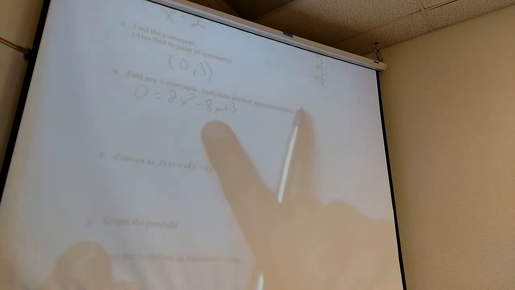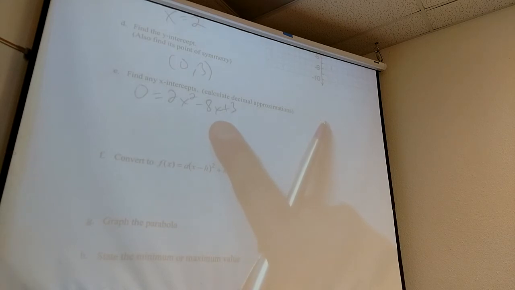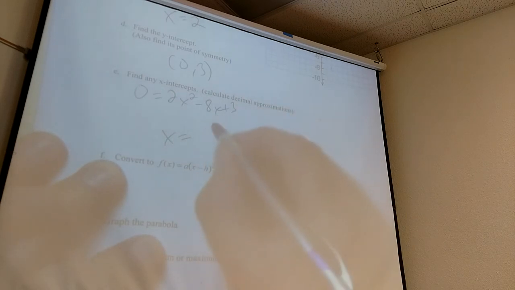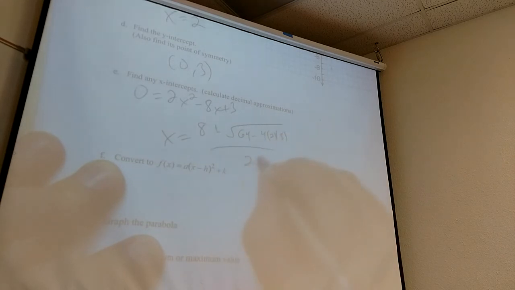The quadratic formula. I'm trying to let you out early. x equals negative b plus or minus the square root of b squared minus 4ac, all over twice a.